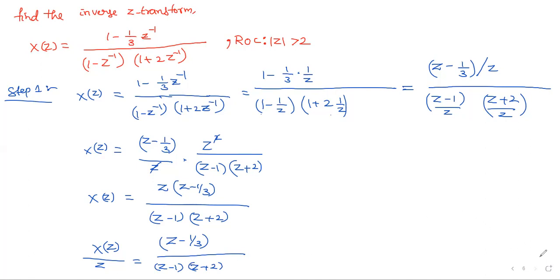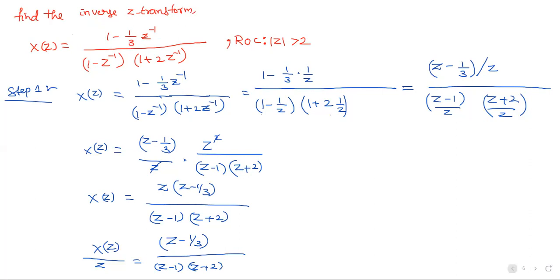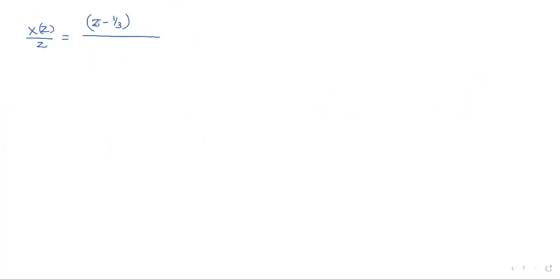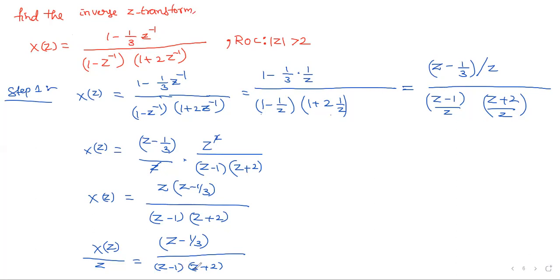Now, I'll write here. So, what we got? X of Z divided by Z is equal to Z minus 1 by 3 divided by Z minus 1 into Z plus 2.